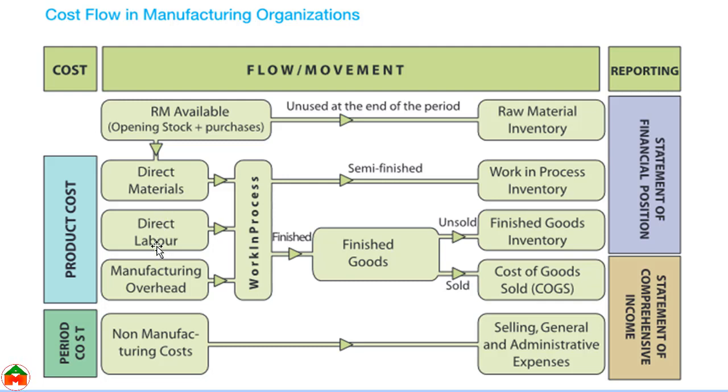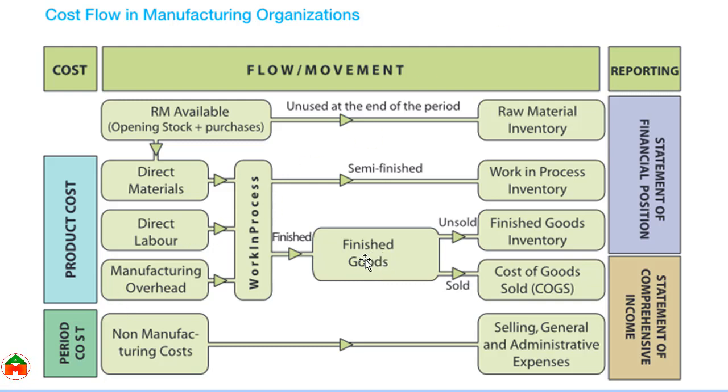If these three items are not completed for any product or service, then those semi-finished material, labor, and overhead are known as work in process inventory. And if we can complete the production process using the material, labor, and overhead, that is known as finished goods, finished product.